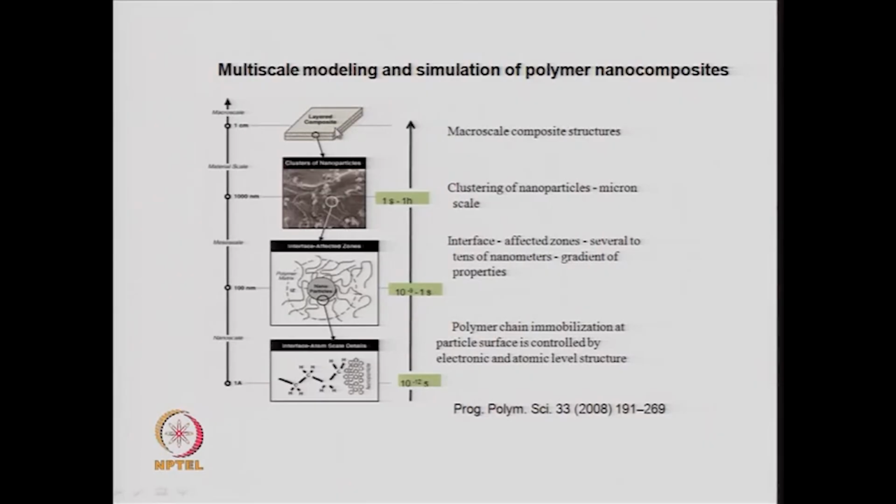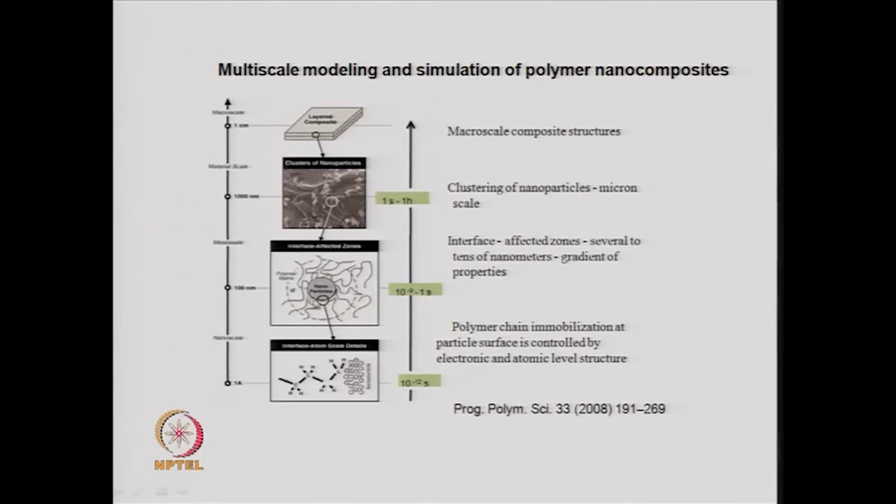So, this final layered composite, if you take a small region and look under the microscope, you will be seeing regions which are of the order of microns. If you take a small region in this micron sized object and you look deeper, then you see objects which are in the range of a few 100 nanometers.